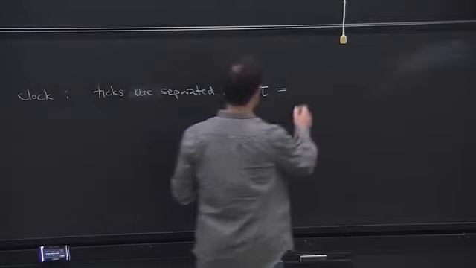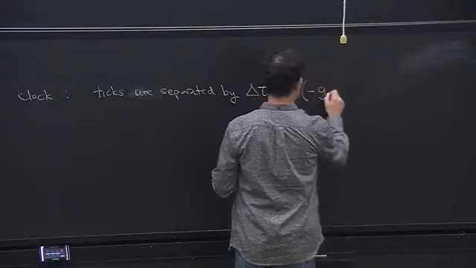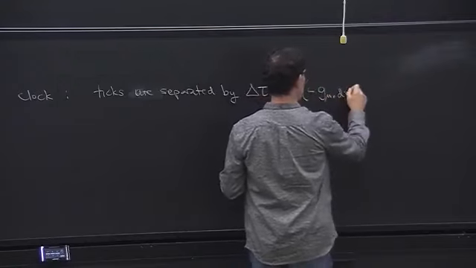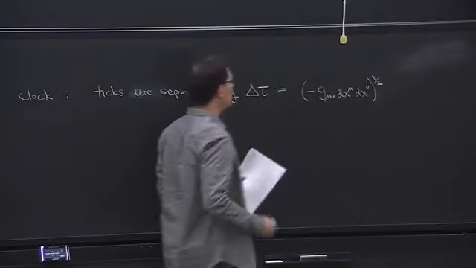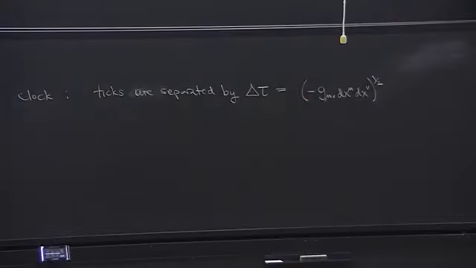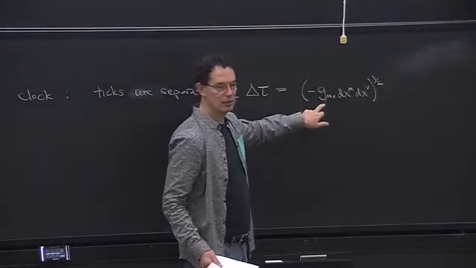So we can write that down as follows. Delta tau is minus g mu nu dx mu dx nu to the 1/2. Okay, so here's an expression which certainly by choosing coordinates, I can make g equal to eta.